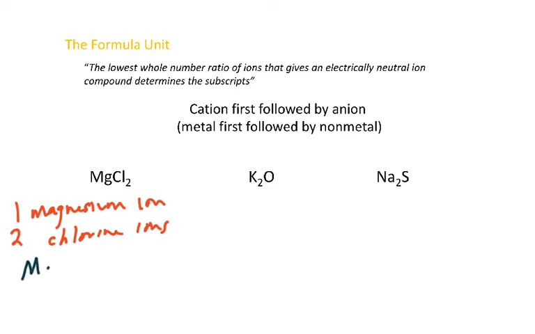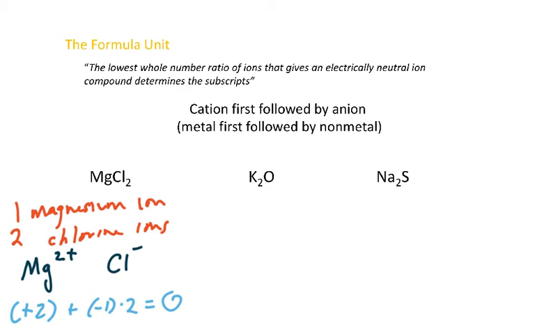Because the magnesium is 2A, it'll take a +2. Cl is a -1 charge. And so if we have a +2 and -1 times 2, it's neutral.